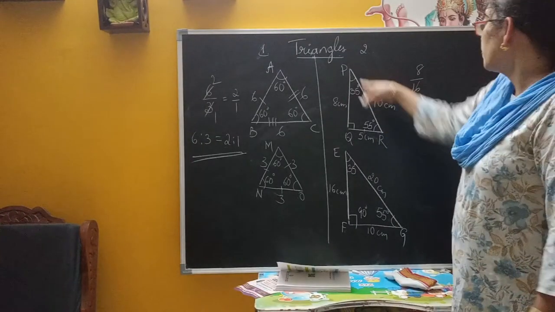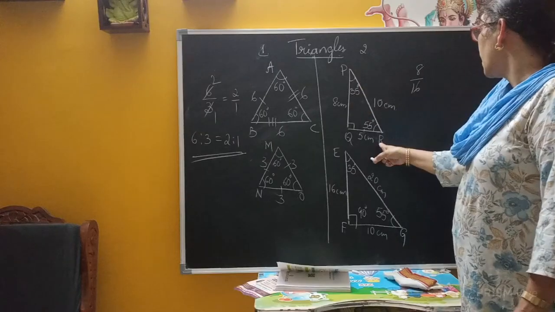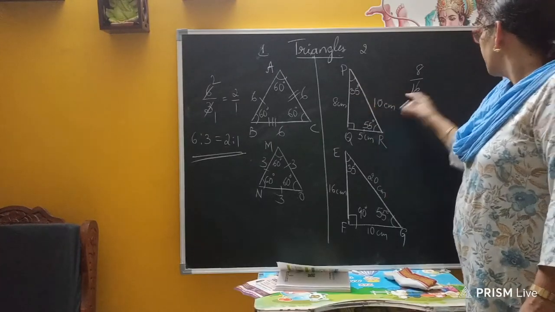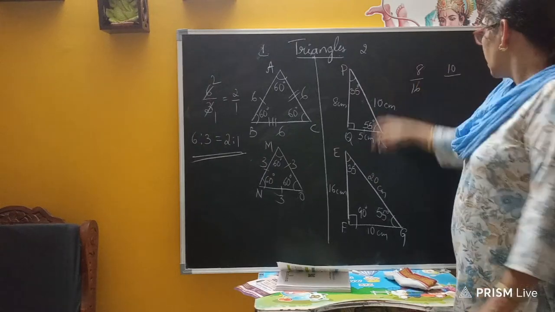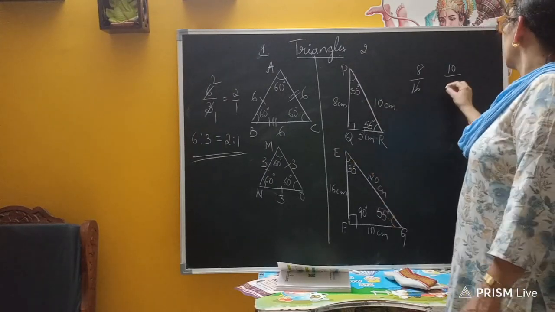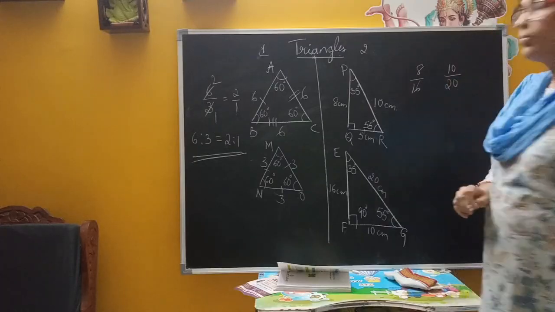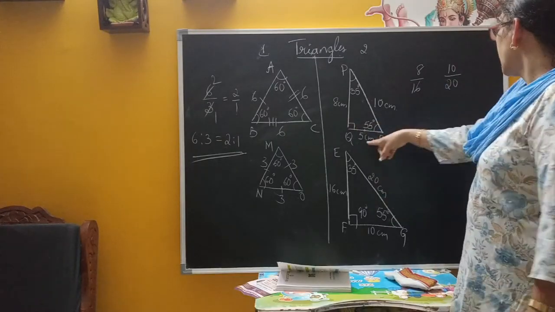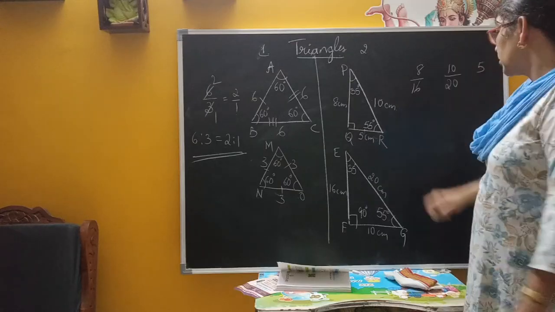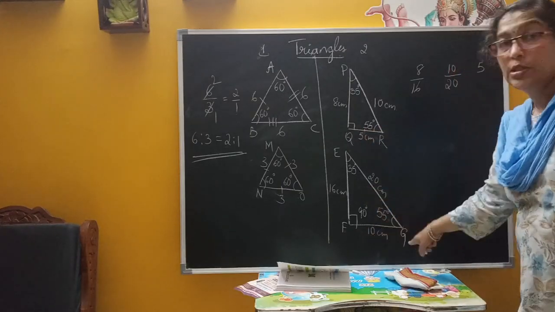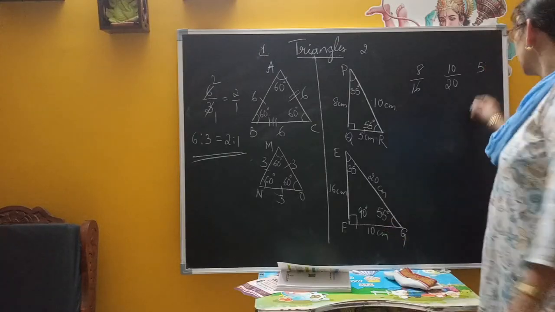Now let us take the next one, PR. PR is equal to 10. The corresponding side is EG, which is 20. Now see the other pair, QR. QR is 5 centimeter. The corresponding side to QR is FG, which is 10 centimeter.